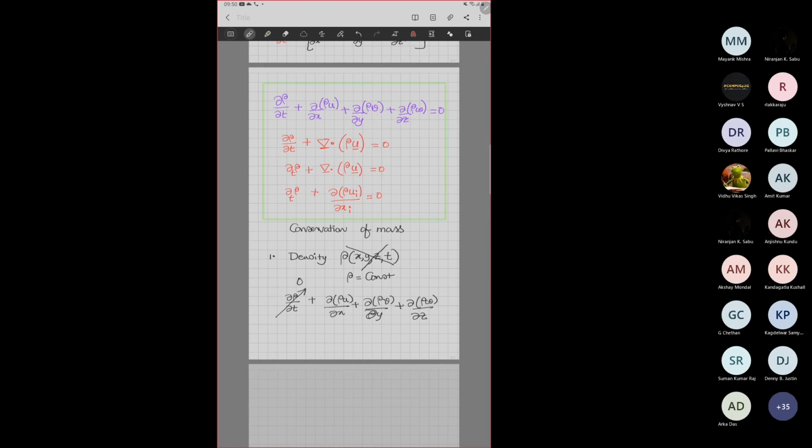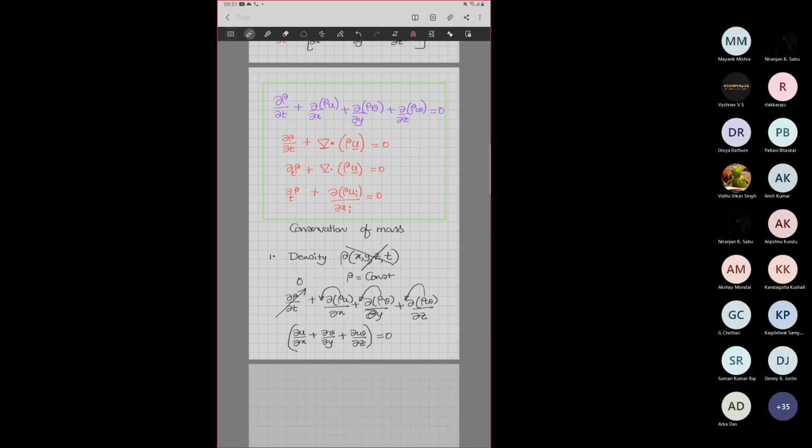So this term is gone. Rho is independent of xyz coordinates, so it can be brought out. That means del u by del x plus del v by del y plus del w by del z multiplied by constant is equal to 0. This happens to the system.